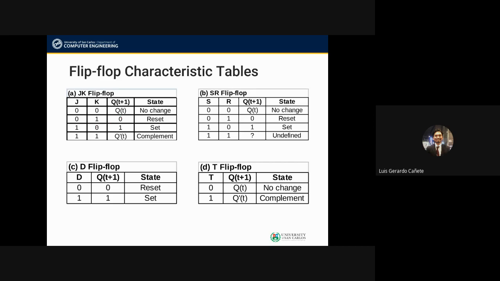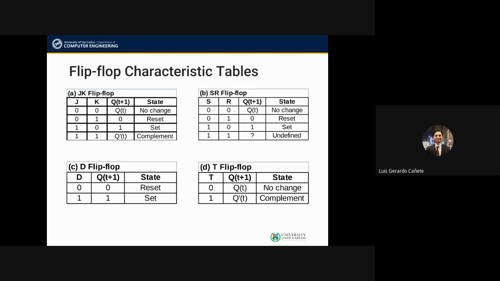When we have 1, 0, Qt plus 1 becomes 1 after the transition, regardless of the value of Qt. Then when J and K are both equal to 1, Qt plus 1 is equal to Qt inverted, right? Or the complement.